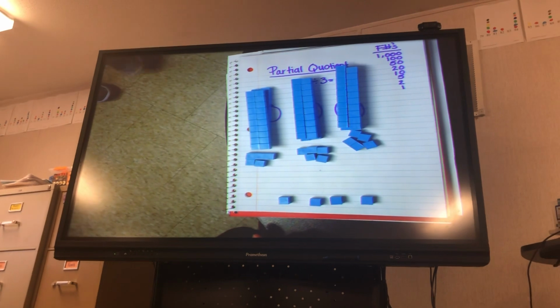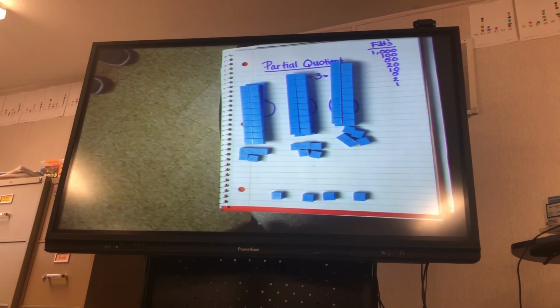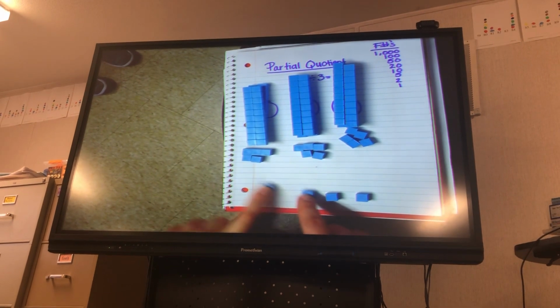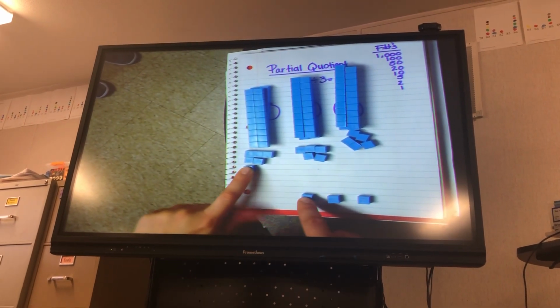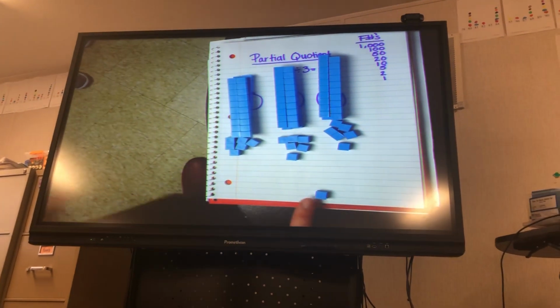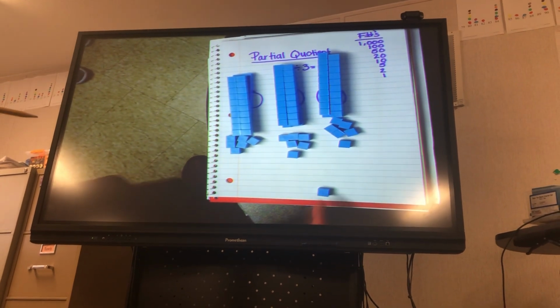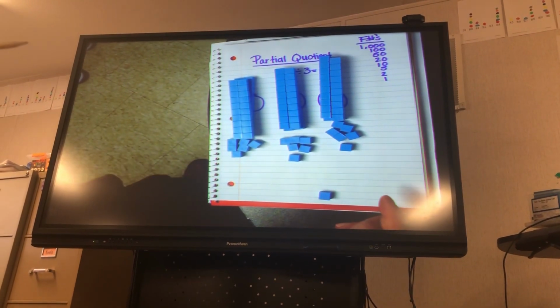What can I do now, Jaden? Take those 3 little ones and give them 3. Give each person 3 or give each person 1? Give 1. 1, 1, and 1. So I'm left with one little guy. He becomes my remainder. I'm not going to cut him up more because we're not doing fractions right now.